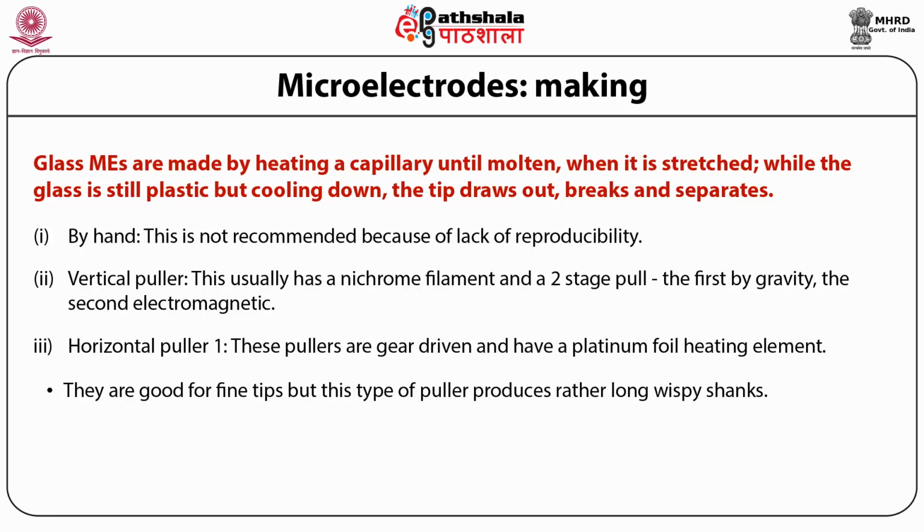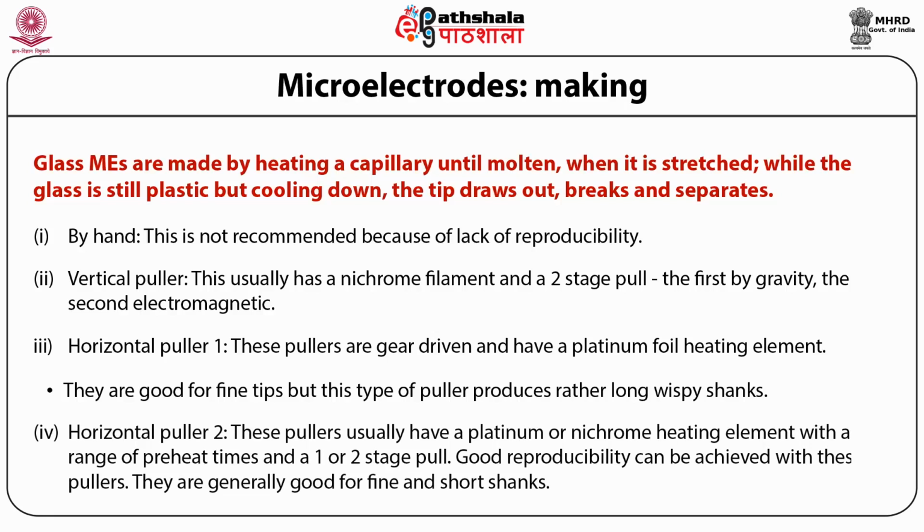It is very important how electrodes are pulled and what type of tip we are going to have with what type of puller. The second type of horizontal puller usually has a platinum or nichrome heating element with a range of preheat times and a 1 or 2 stage pull.